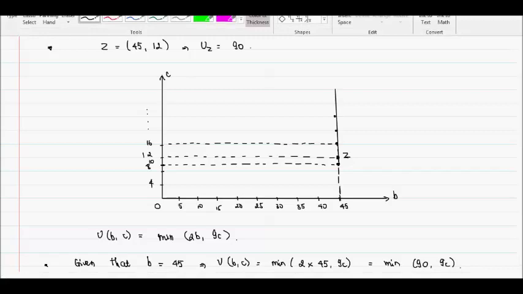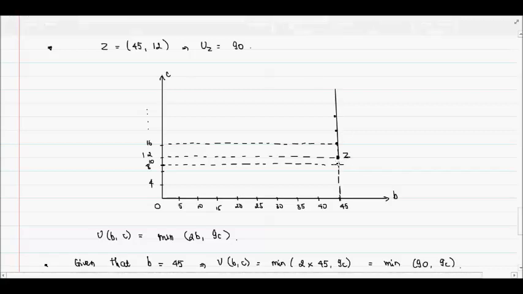So it's just the horizontal part going from 45. Any of the bundles on this horizontal line, corresponding to any value of B bigger than 45, is going to be on the same indifferent curve. So this is the indifferent curve going through point Z with a level of utility of 90.